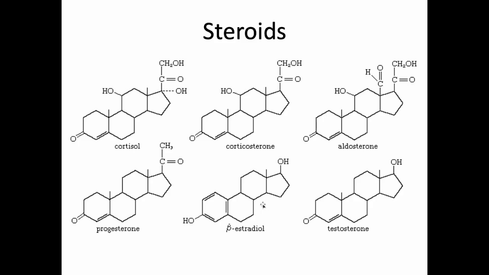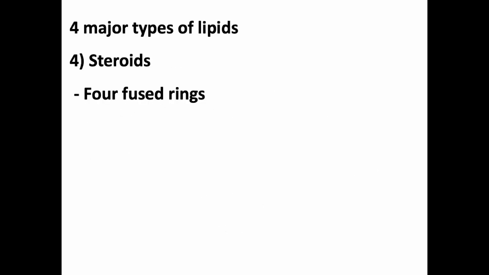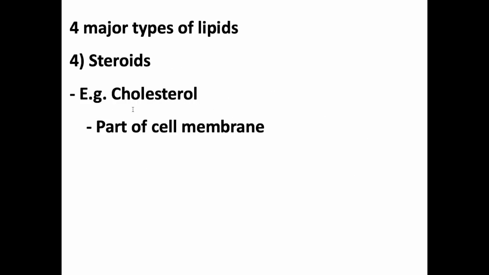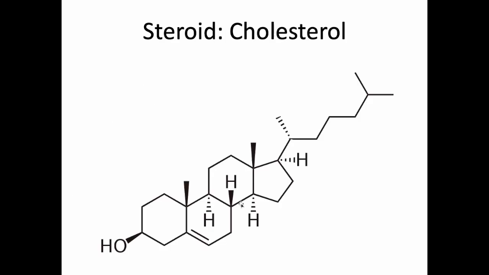I said that about lipids in general, that lipids generally are hydrophobic. And yeah, they're kind of defined based on their structure of being composed of fused rings. So that's their structure. What's their function? Well, there are a couple of different functions of steroids. One of these is cholesterol, which, if we zoom in on cholesterol.